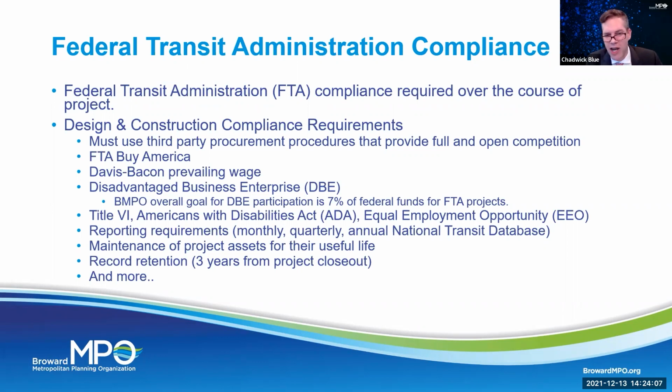The monthly reporting comes to the MPO. The quarterly reporting actually goes to the FTA as part of the TRAMS application that we developed for the project. In addition to that, there's an annual National Transit Database reporting that is also required. I believe it's due January 30th of each year for the previous year.